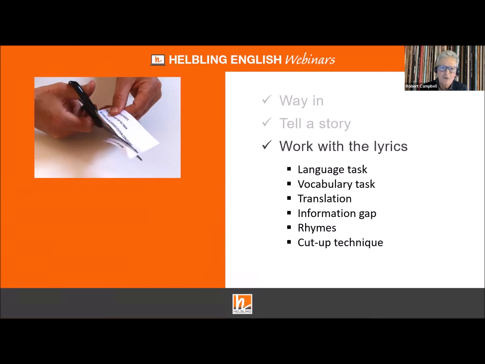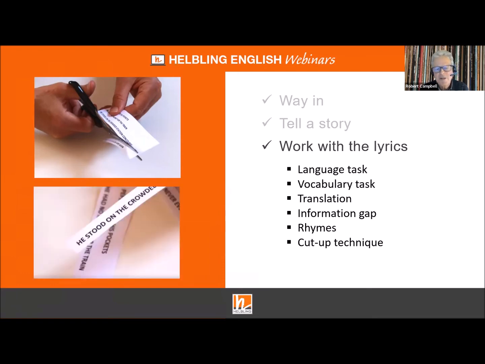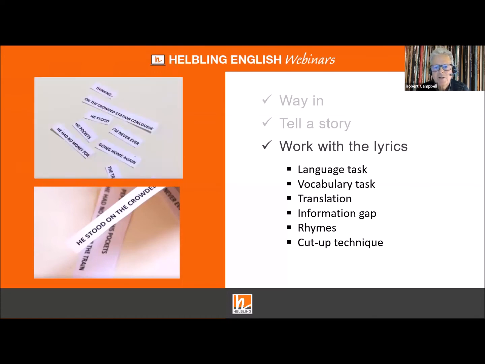He would cut them out, and then he would cut some of the lines in half or cut out different words, and then he would rearrange them. So he would take existing lines and then put them together to create new lines.